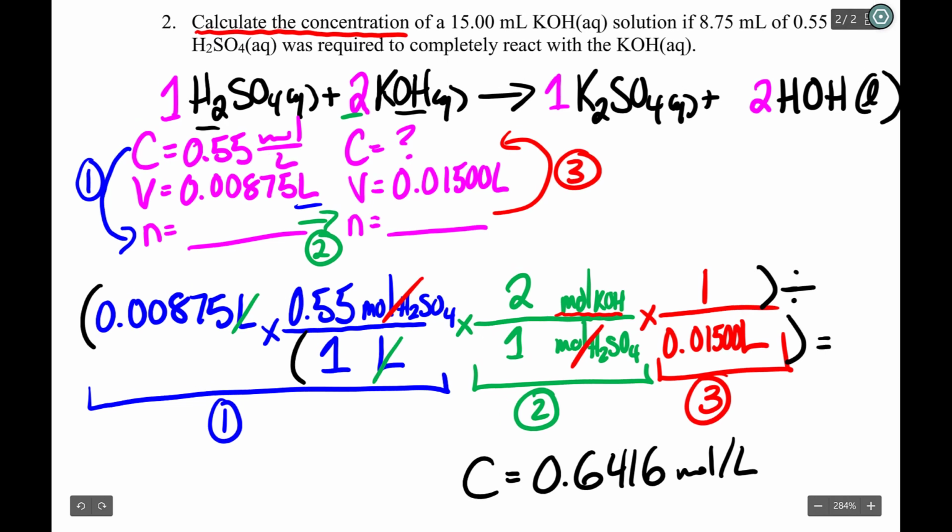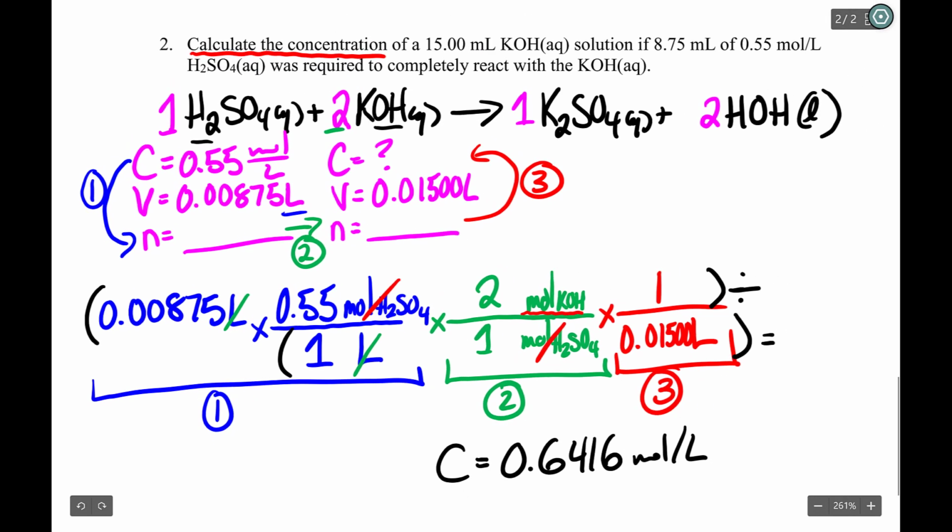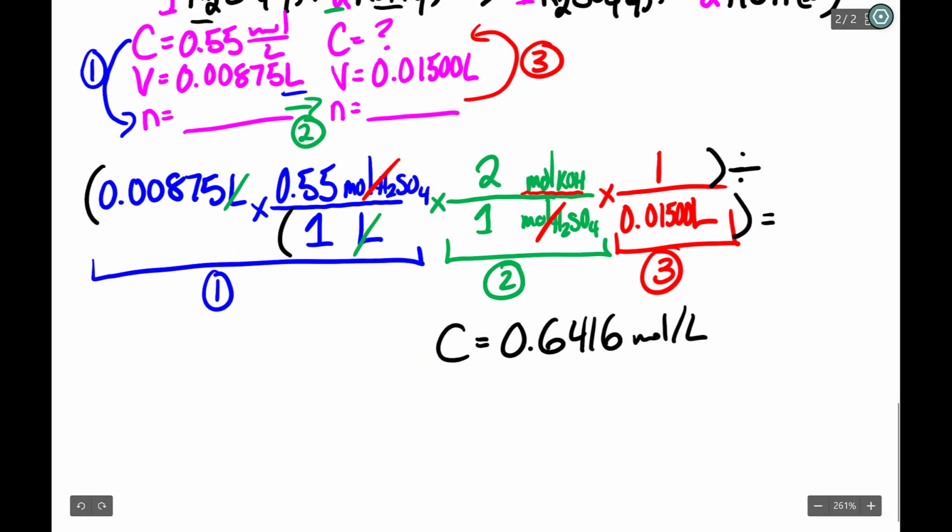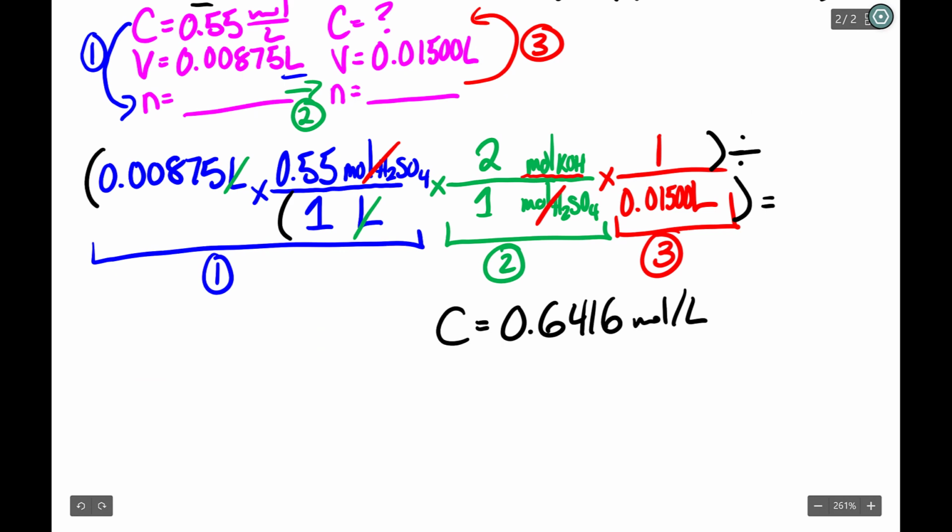I've got 4 significant digits there. I have 3 here, I have 2 there. So I need to get this down to 2 significant digits. The 0 in front doesn't count, so I underline the 64. Circle the 1 behind it. The 1 does not round up the 4. So my final answer would be a concentration of 0.64 moles per liter.